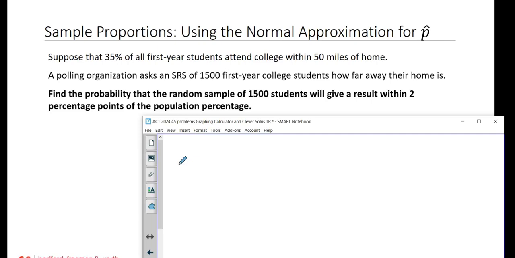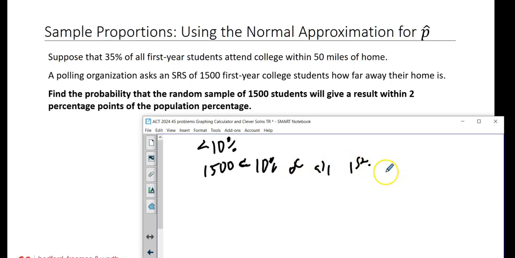So I might think about doing the conditions first. First, let's prove the less than 10% condition. So we have 1,500. So 1,500 is less than 10% of all first-year students, I guess in the United States.